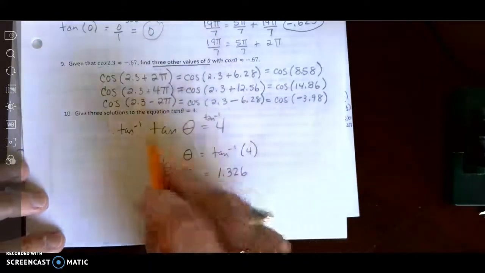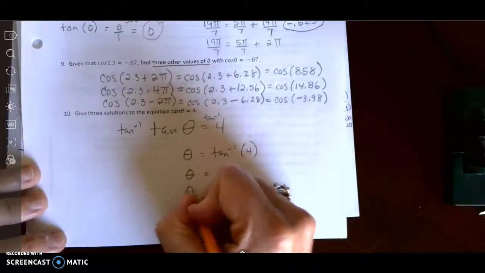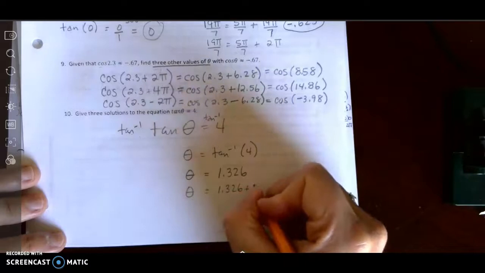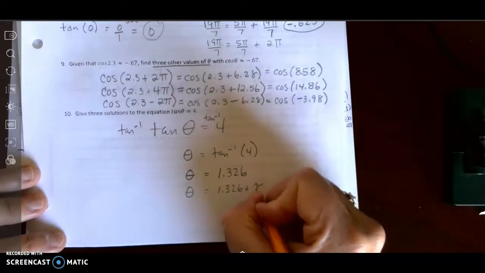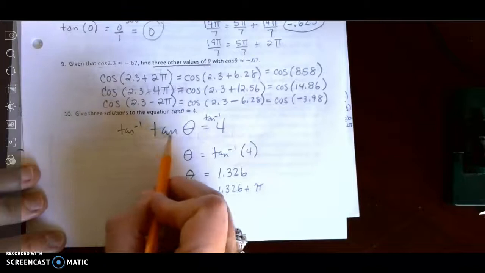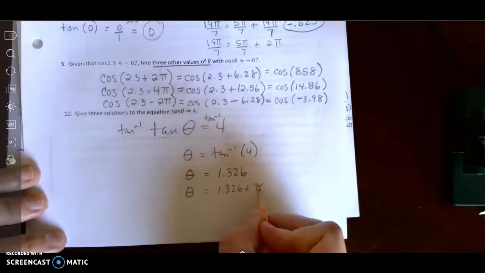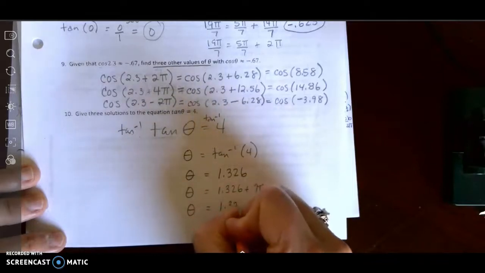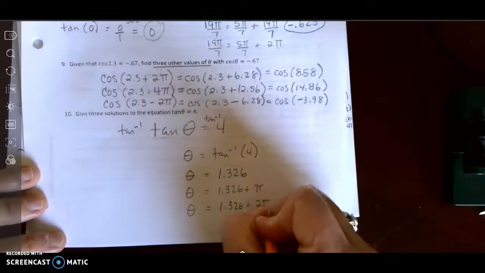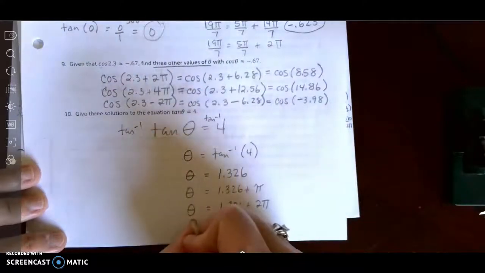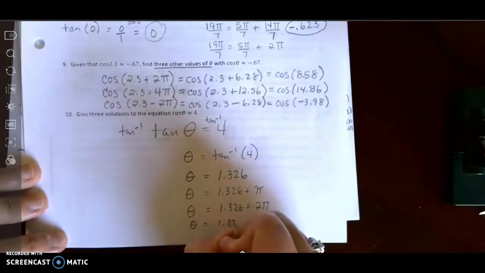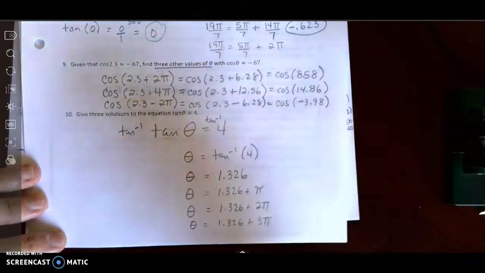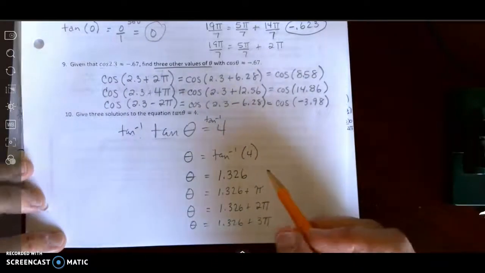If I want to have 2 other solutions, theta could be 1.326 plus, I could just add pi. Because with tangent, I don't have to add 2 pi, I can simply add pi. A third answer would be 1.326 plus 2 pi. I could keep going and say 1.326 plus 3 pi and just keep adding over and over and over again.